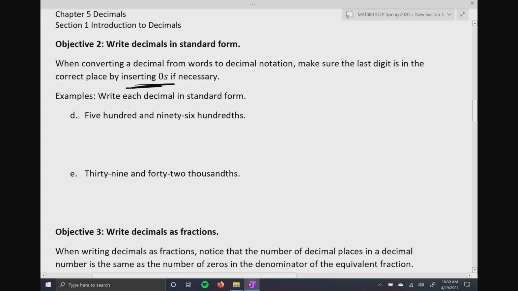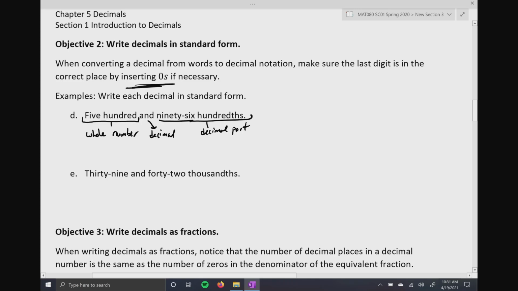So for example, the first one, 500 and 96 hundredths. Now, the 500 is my whole number. The and is my decimal. And then the 96 hundredths, that's going to be my decimal part.